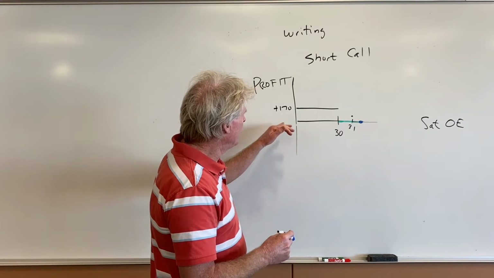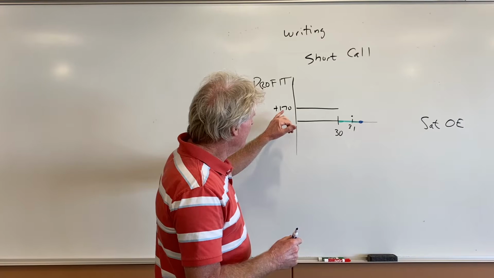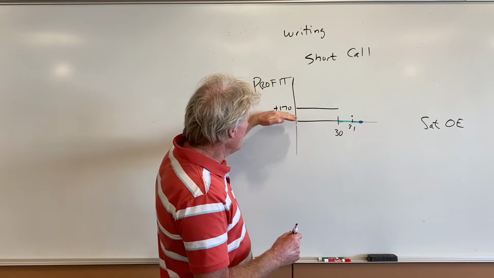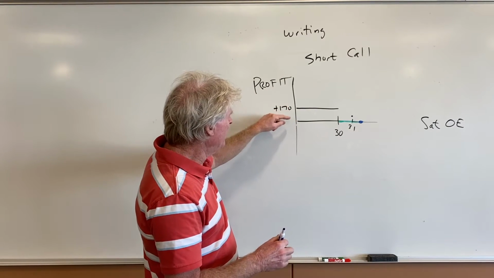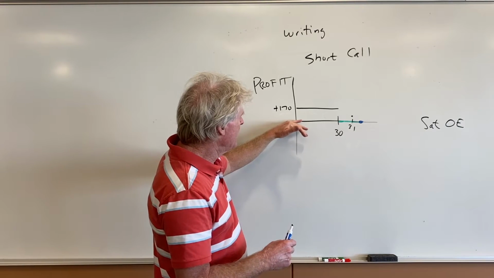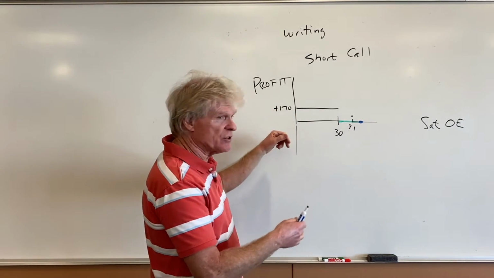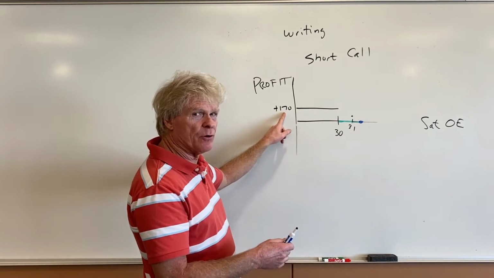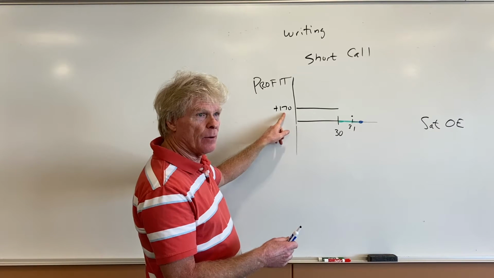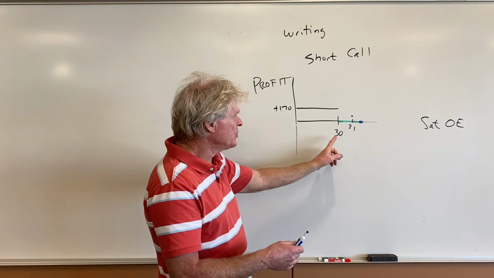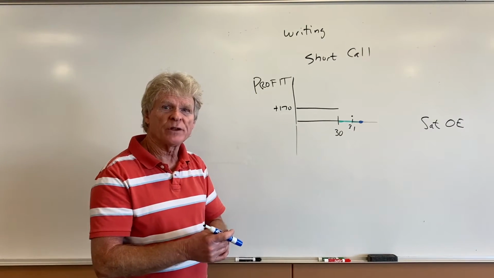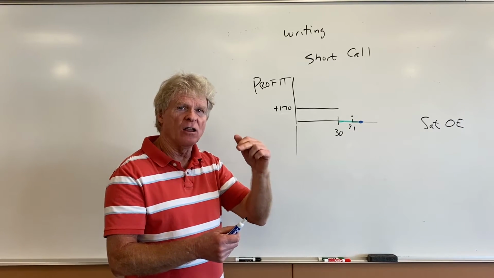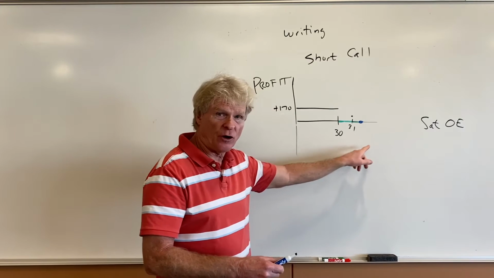And that break even would necessitate the reduction in the value of the call profit position to 0, which would mean the value of the call in the market would have to be $170, which means the stock price would then have to be $170 divided by 100, or $1.70, plus the strike price of 30.